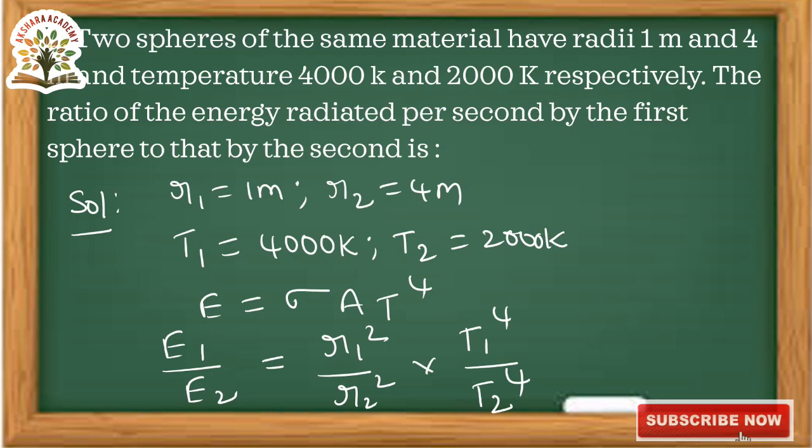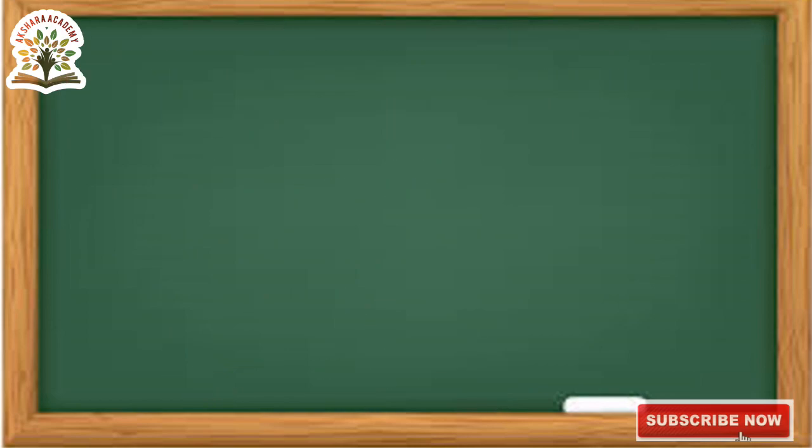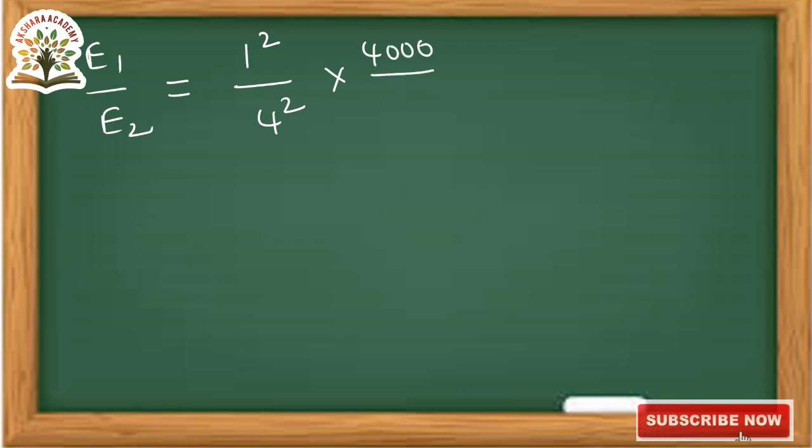Substituting values in this, we get E1 by E2 is equal to R1, here they give 1 meter, 1 square, R2 4 meters, 4 square, into T1 4000 by T2 2000 whole to the power of 4.